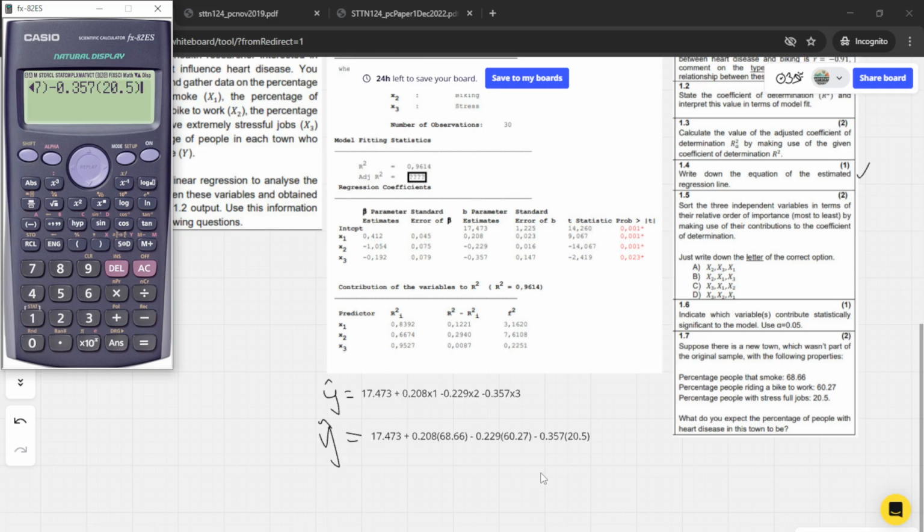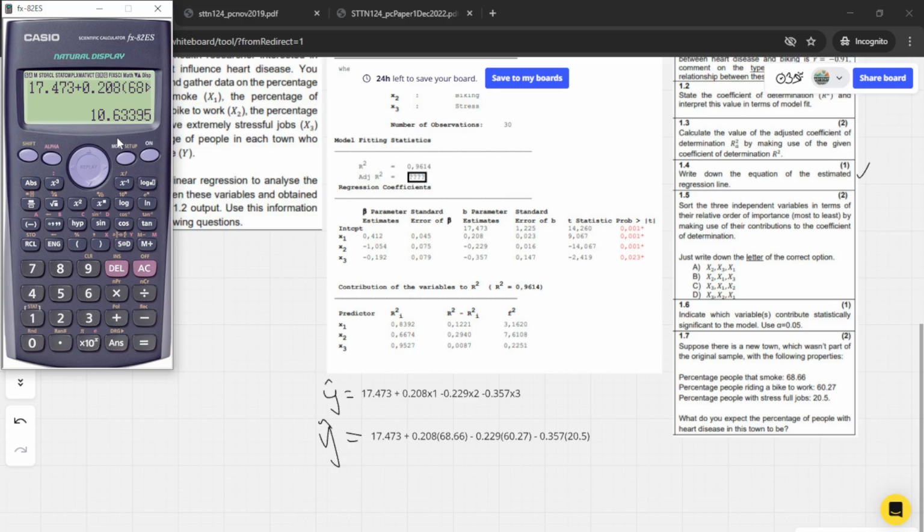So they will give you these values, and they'll give them to you in order so that you know, okay, this is x1, this is x2, and this is x3, right? And then after putting everything in the calculator, you press equal, and it will give you the percentage of people with heart disease in that particular town.